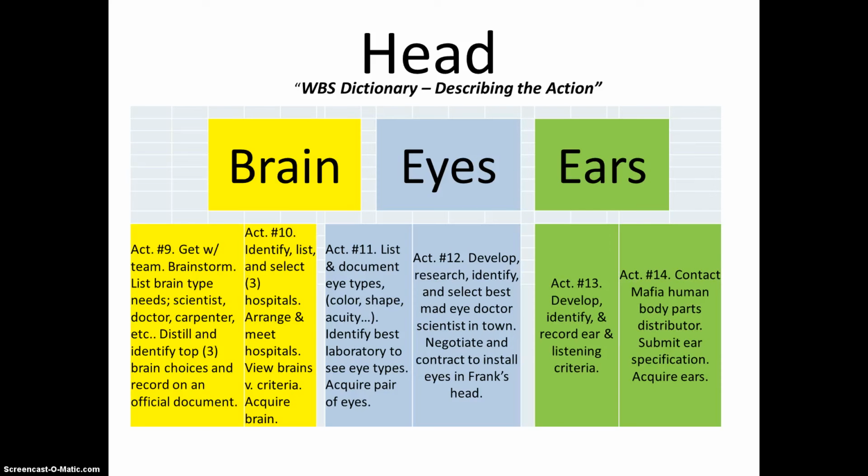In this case, activity 9, we are collecting our team and getting together with our team and doing the act of brainstorming. We are going to list the brain type needs, and we gave a few examples here: perhaps we're looking for a scientist's brain, a doctor's brain, a carpenter's brain. We need to identify through that brainstorming session a more specific type of brain that we need.